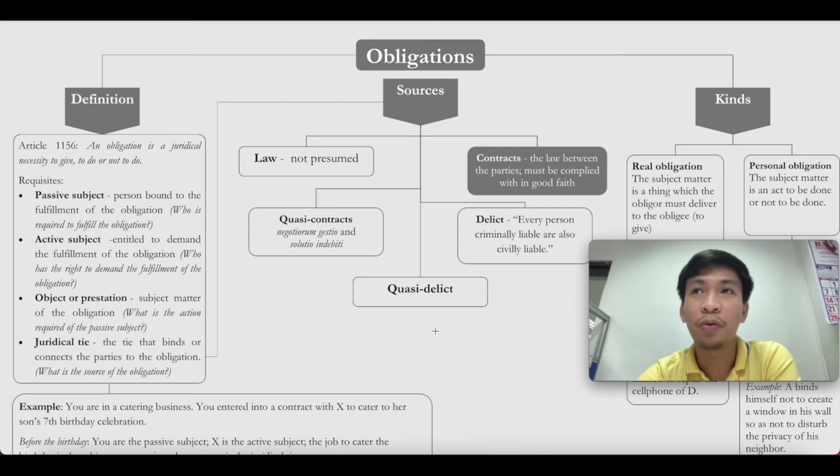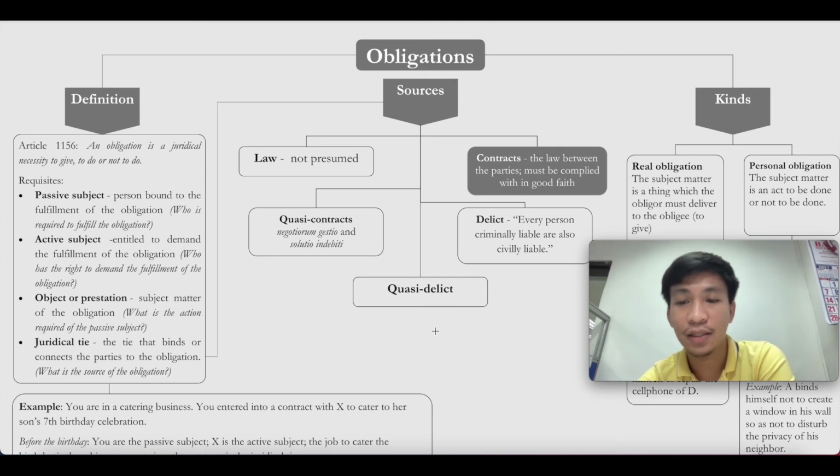Kasi paano naman mabubuhay yung mga anak niya if you are not required to pay a certain amount para pang support sa pamilya niya. So yun yung basis natin ng obligations. So again, there are 5 sources of these obligations. We have law, contracts, quasi-contracts, delict, and quasi-delicts. Okay.